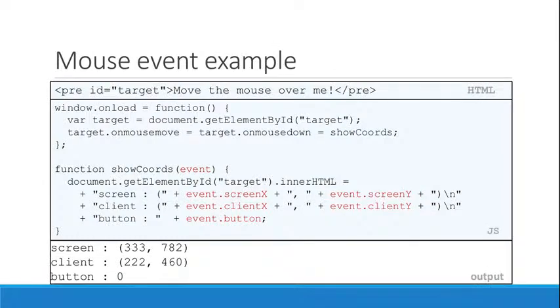So the event has event.screenX and event.screenY, event.clientX and event.clientY, and the button also. When you have an event, you will have output something like this: the screen XY coordinates, the client XY coordinates and the button getting shown in the output.